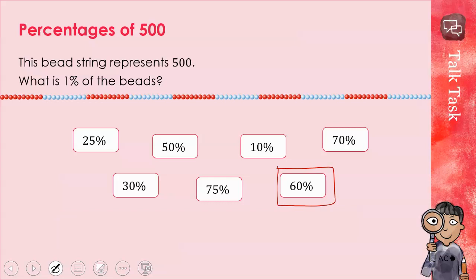In order to find 60% of something, or really any percentage of something, I can follow 2 steps. Step 1 is I divide the whole amount, which is 500, by 100. That will tell me what 1% of the beads is.